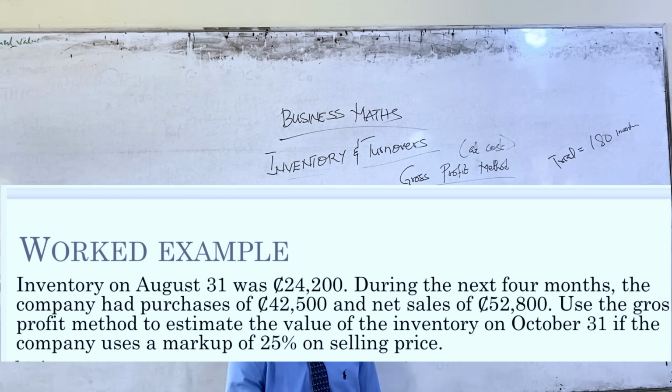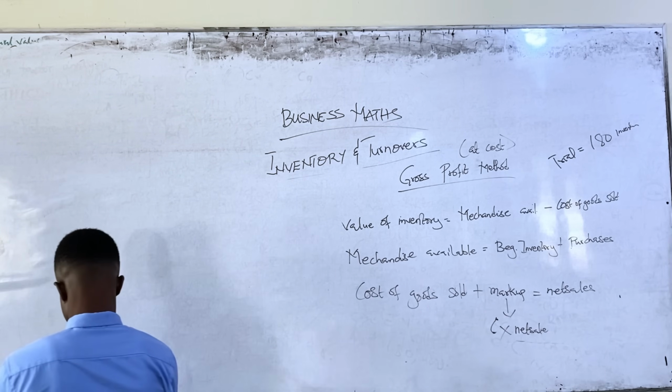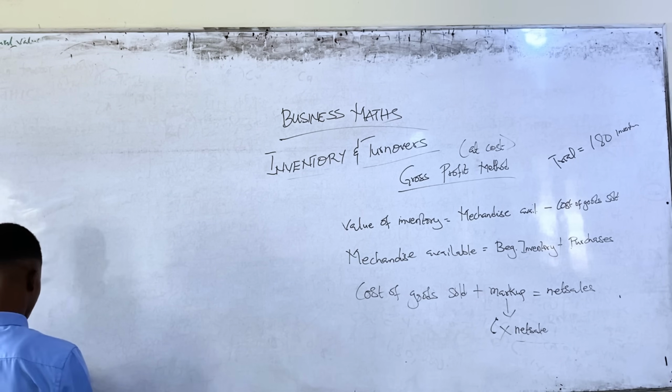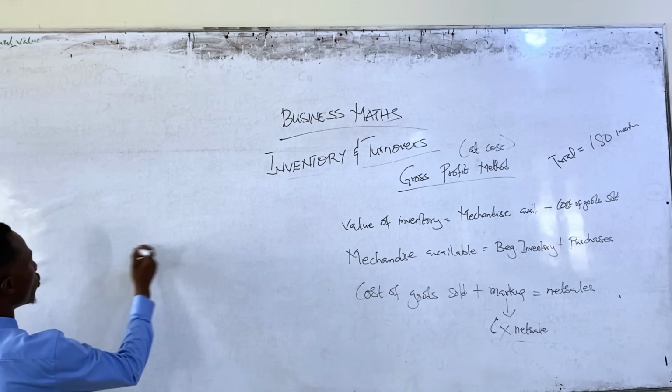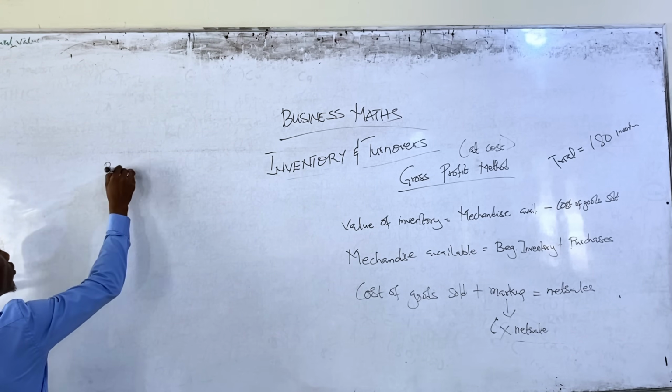Let's take the parameters and look at the formula, whether we can solve it or not. On August 31st was 24,200. So that is the beginning inventory.